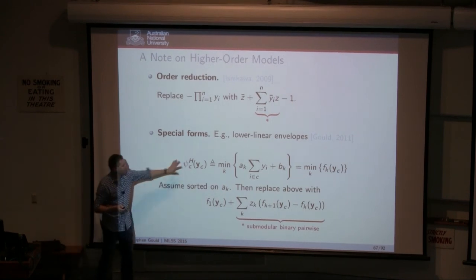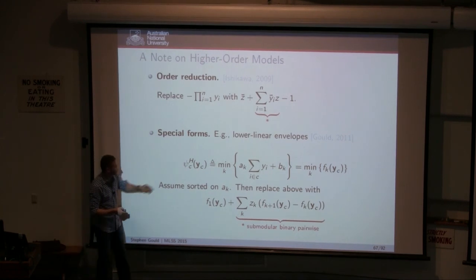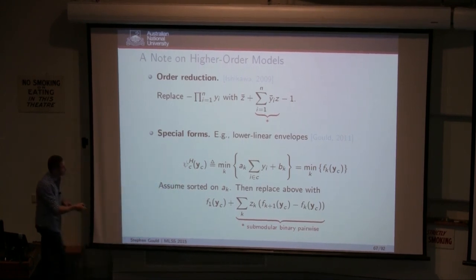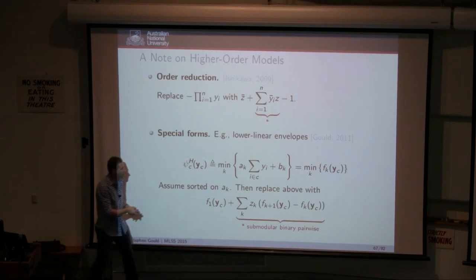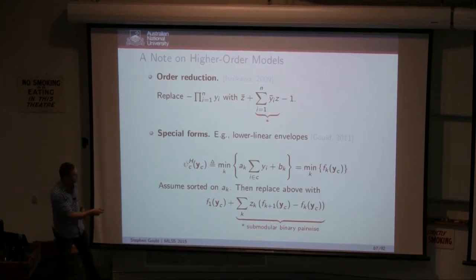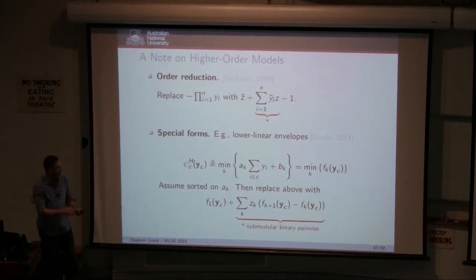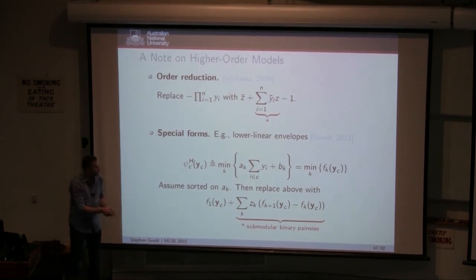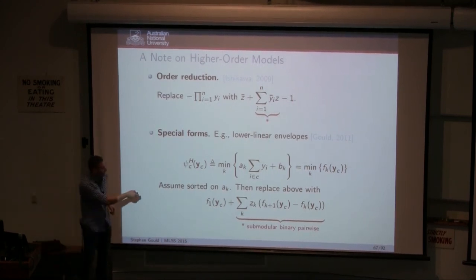The other class of higher order models are models which have a particular form. The only one I'm going to tell you about are these lower linear envelopes, mainly because I've done work in this area. It turns out that if you have a higher order function that's defined over a clique of variables, and it's defined as a lower linear envelope, which I should have included a plot of, this is basically a set of linear functions which are defined by the number of variables within the clique that take assignment 1.